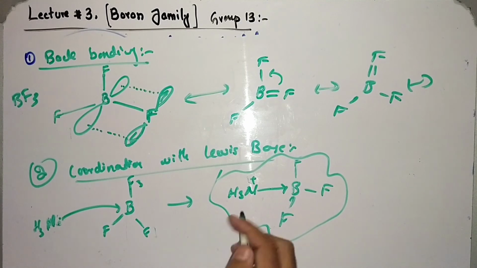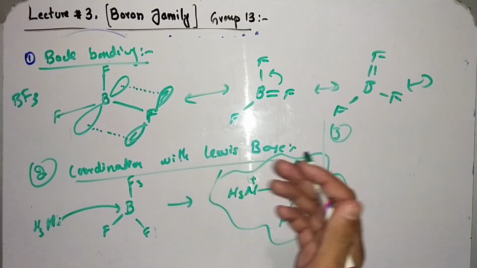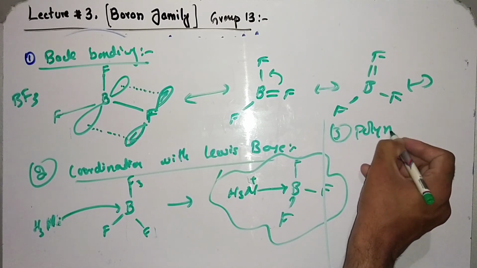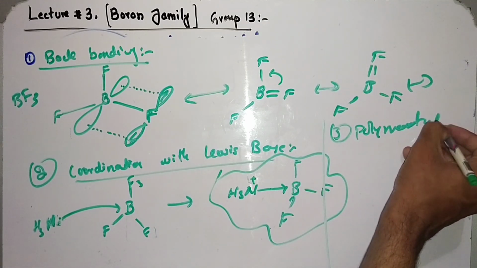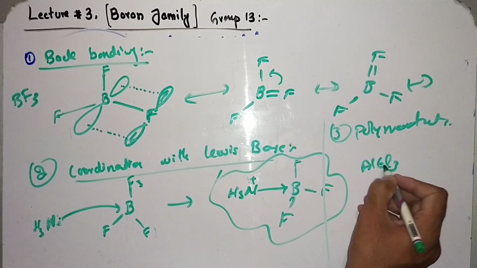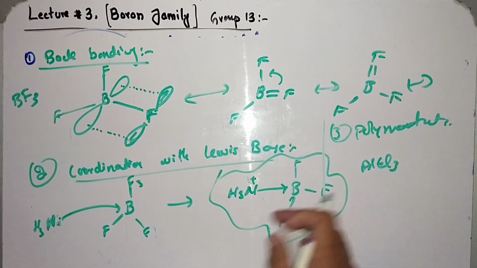The third way through which it can remove the deficiency of electrons is polymerization, like in the case of AlCl3. Polymerization means when many monomers combine to form a large molecule.